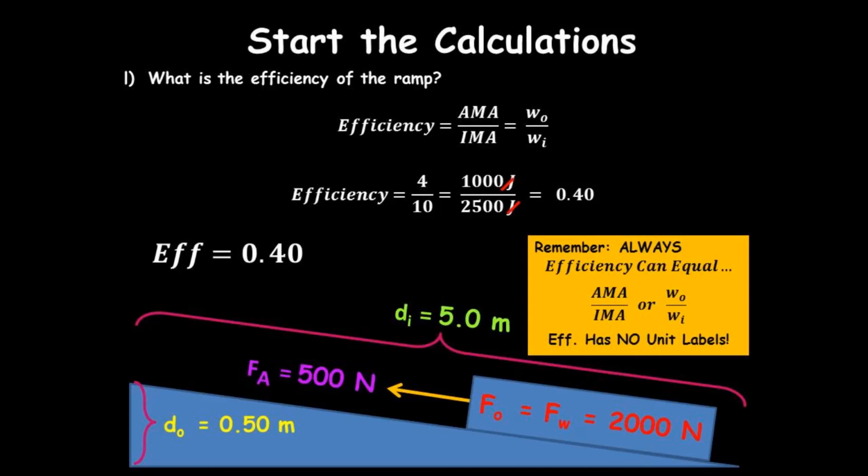Joules cancel. Efficiency can equal AMA over IMA, or work output over work input. Efficiency has no unit labels.